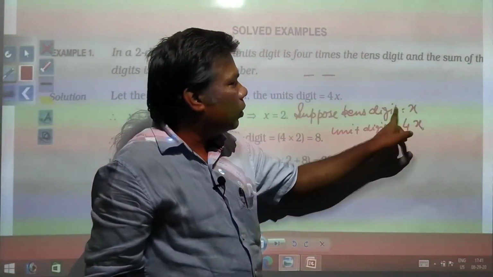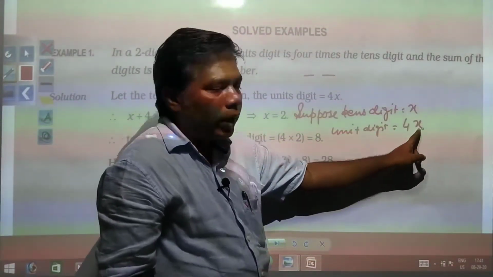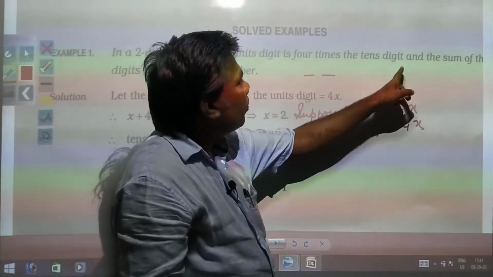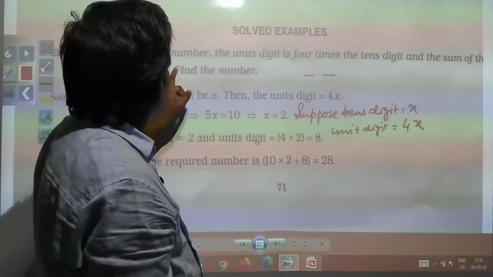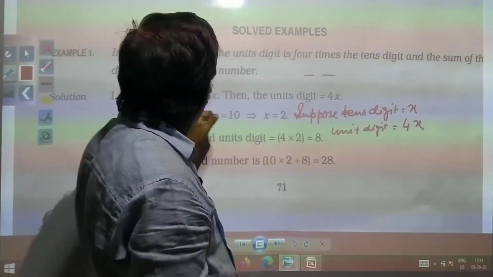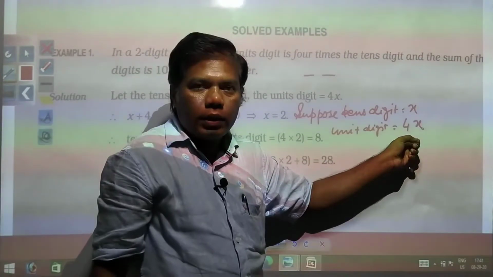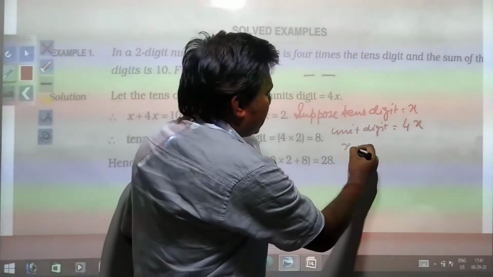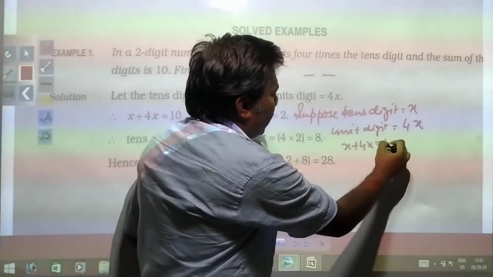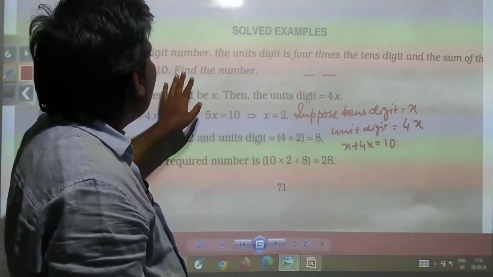Tens digit number you have assumed x, so the unit digit number will be 4x. Now it is written the sum of the digits is 10. Sum of both the digits is 10, which means x plus 4x is equal to 10. So find the number.